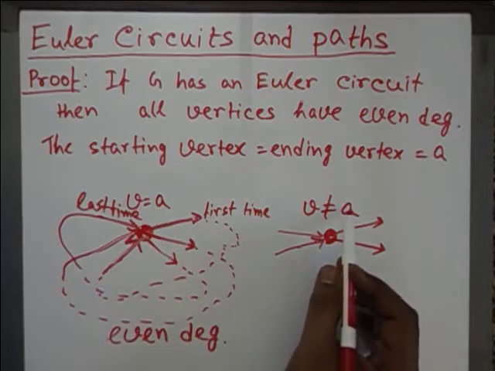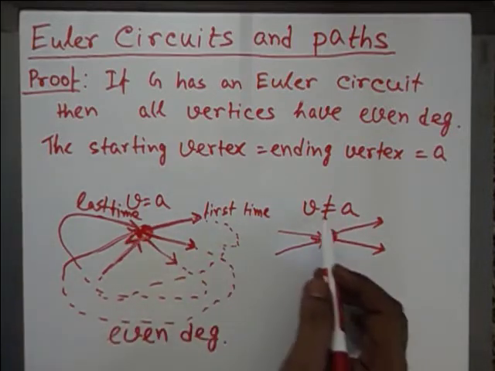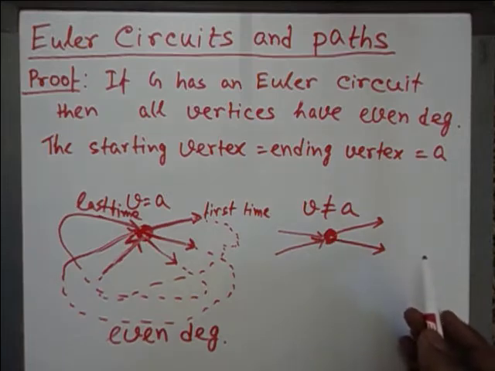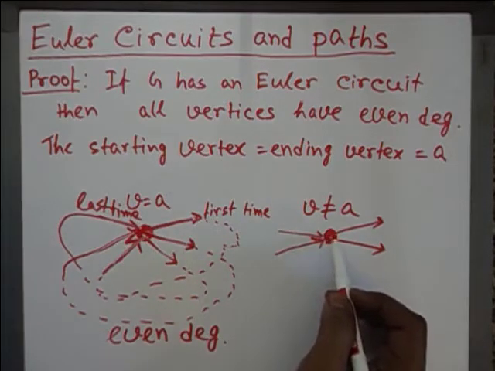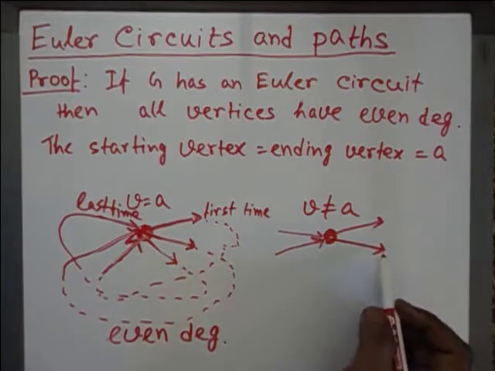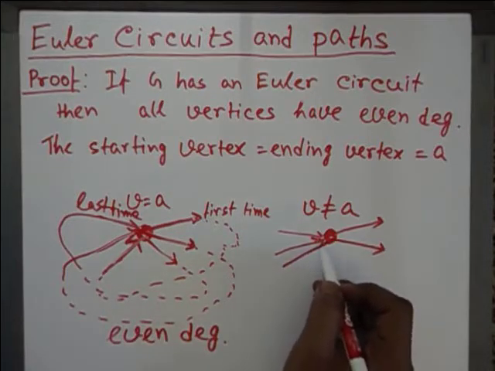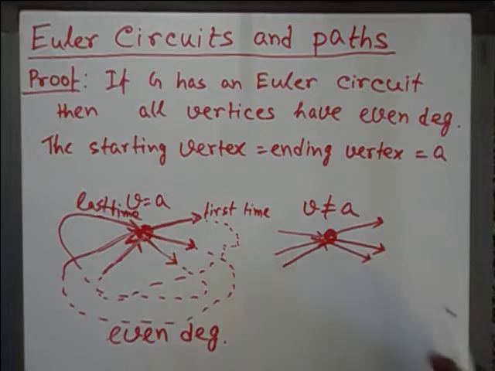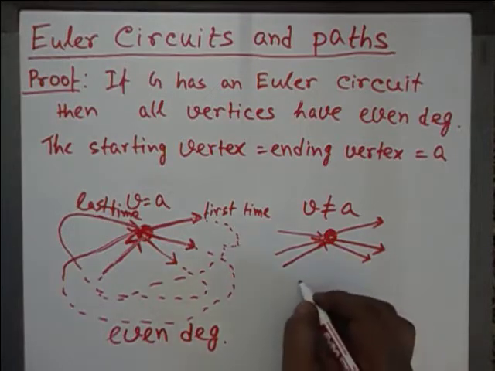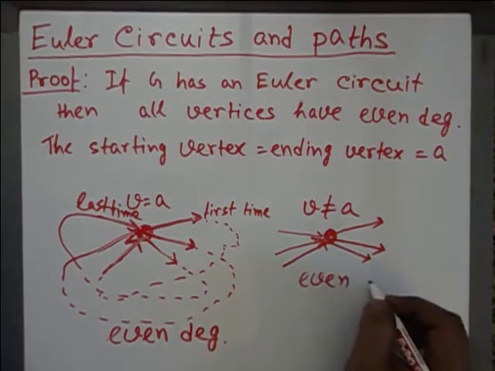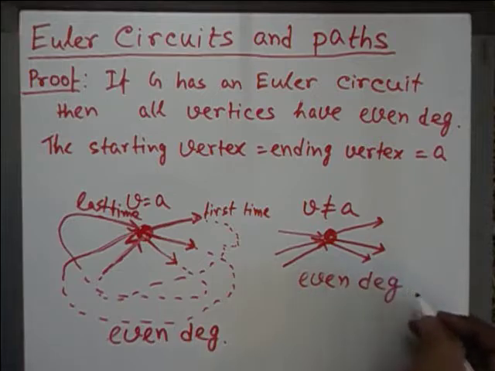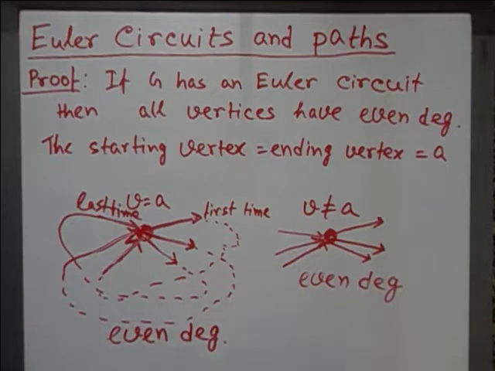So if you get into V, you are always getting out of V. So in, out, in, out, in, out once more. That's why even degree.